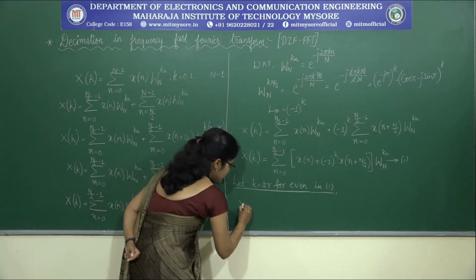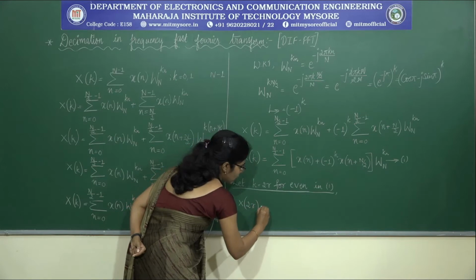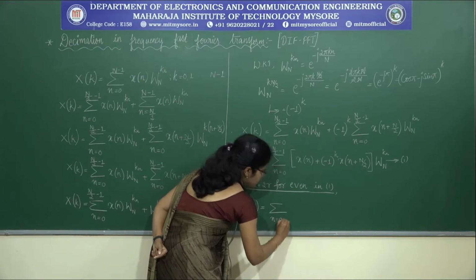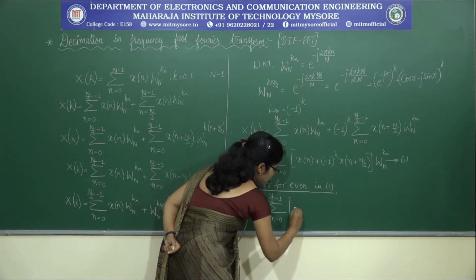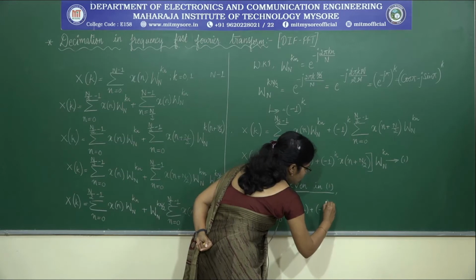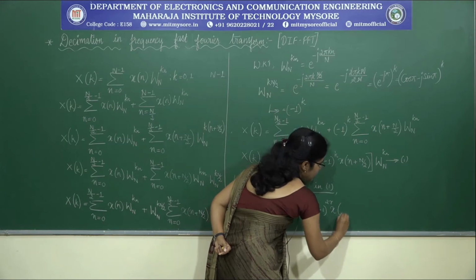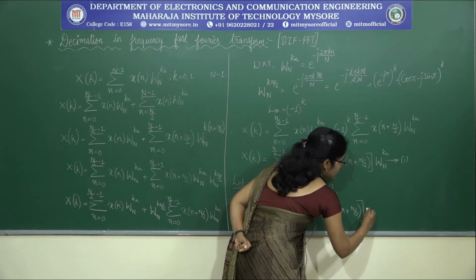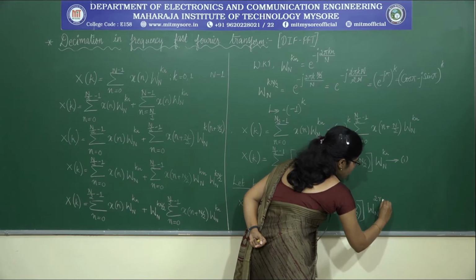Wherever we have k, I need to replace it with 2r: x of 2r is equal to summation n ranges from 0 to n by 2 minus 1 of x of n plus minus 1 to the power of 2r, where I have k here, instead of k I am taking it as 2r, into x of n plus n by 2 into omega n to the power of 2rn.